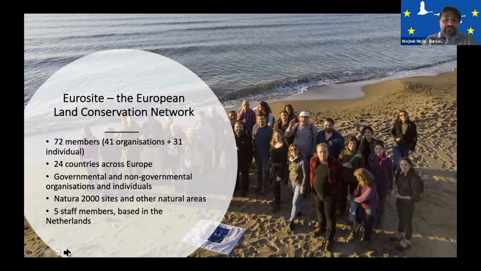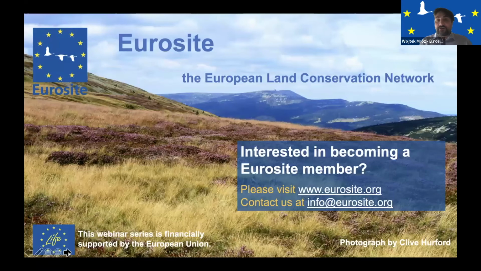And our secretariat is created by 5 staff members based in the Netherlands, in Tilburg. So if you would be interested in becoming our member, please visit our website or write us at info@eurosite.org.